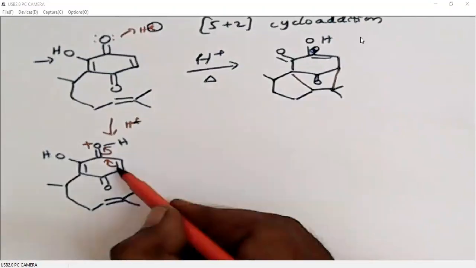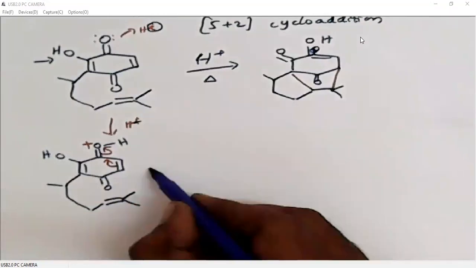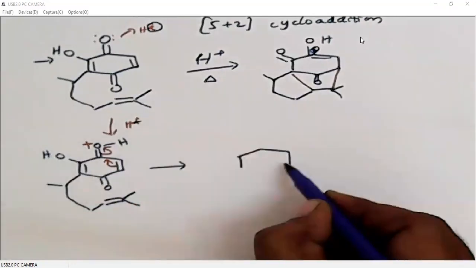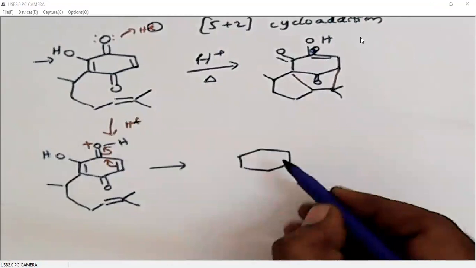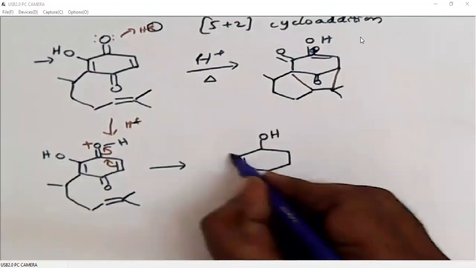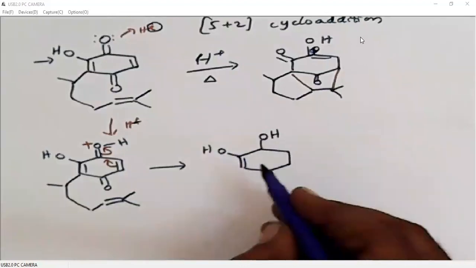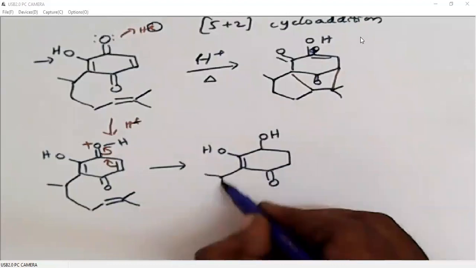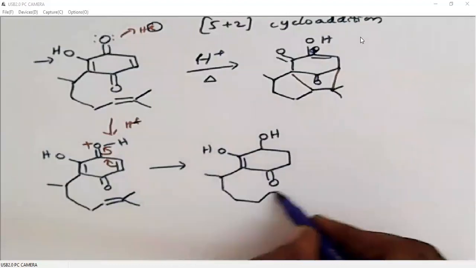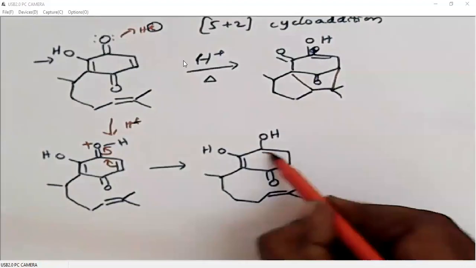So this conjugated double bond will undergo polarization so that it generates the 5-membered system required for our 5+2 cycloaddition.